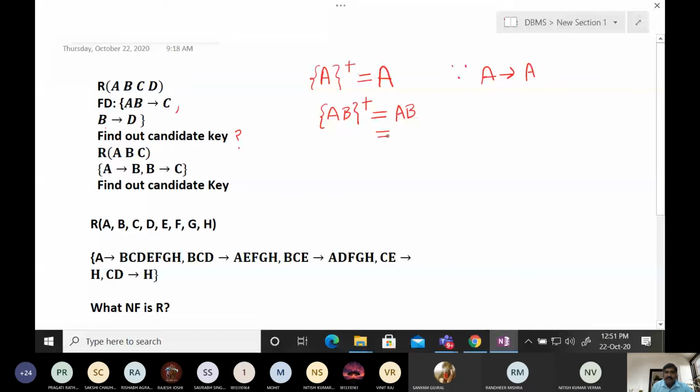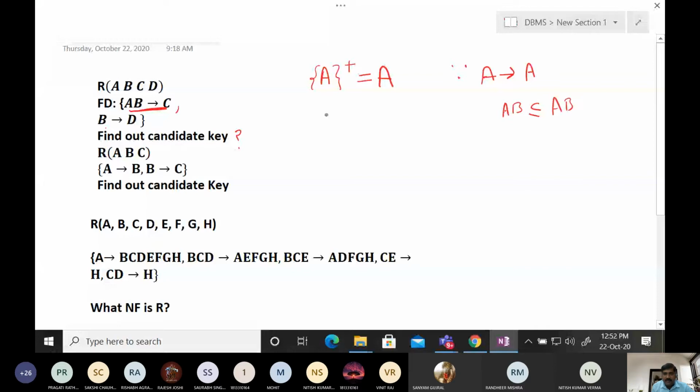Now for each FD in this FD set, we see AB is on the left hand side and the left hand side AB is a subset of or equal to AB.